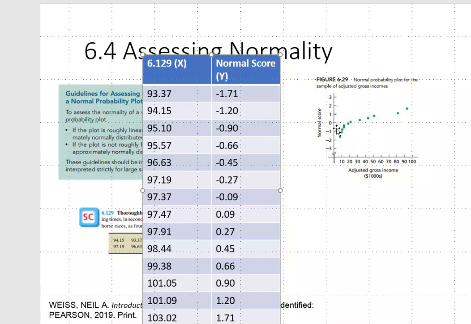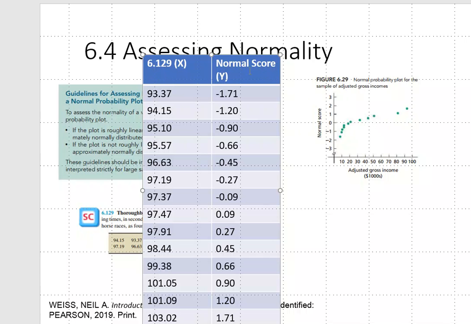Unfortunately, I won't be able to create the graph with the PowerPoint, but I already took the time to do this by hand, and once you do, you should see a linear plot.